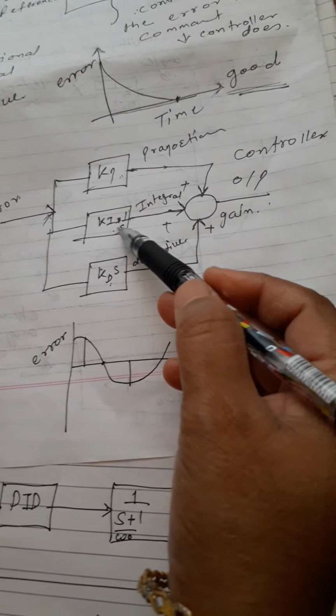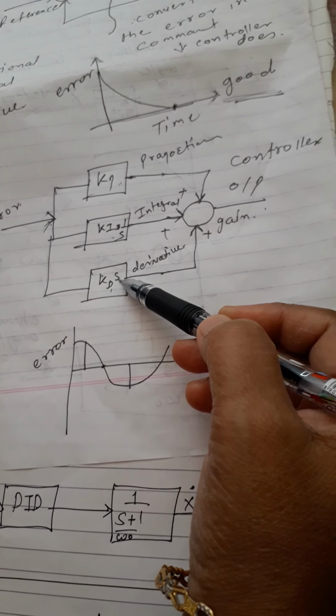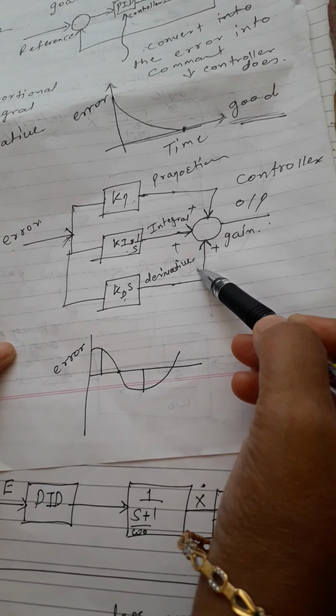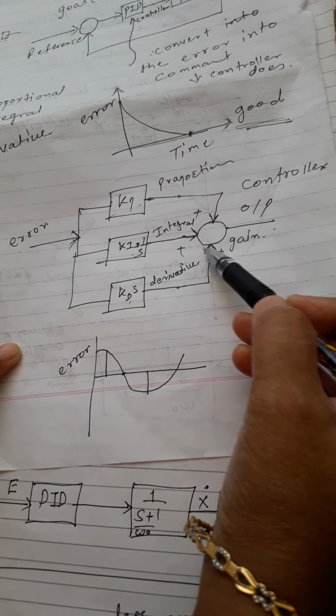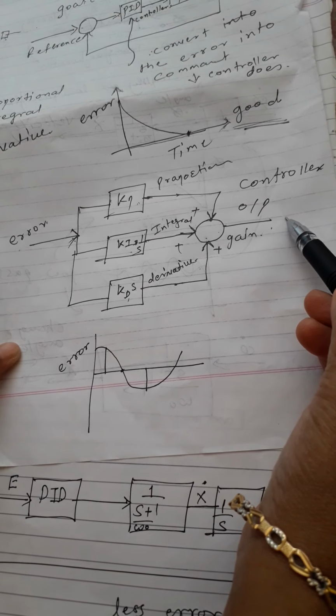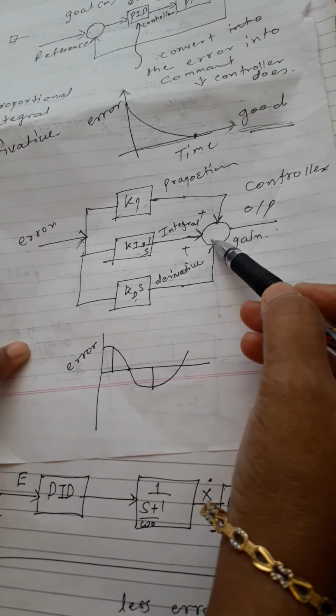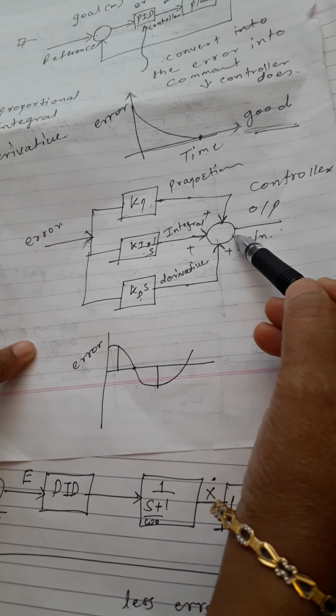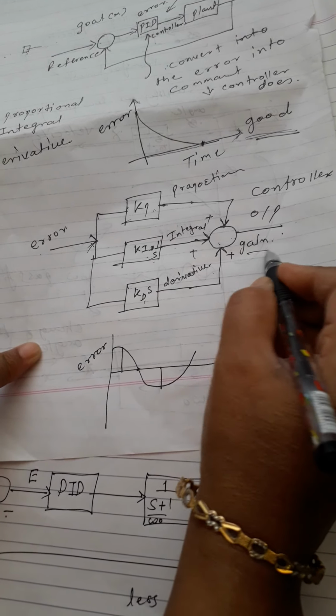The differentiation of this is nothing but S. So here proportional, integral and derivative. These 3 controllers we have used here, and we got the output to minimize the error. This controller is used to minimize the error, and we get the gain.